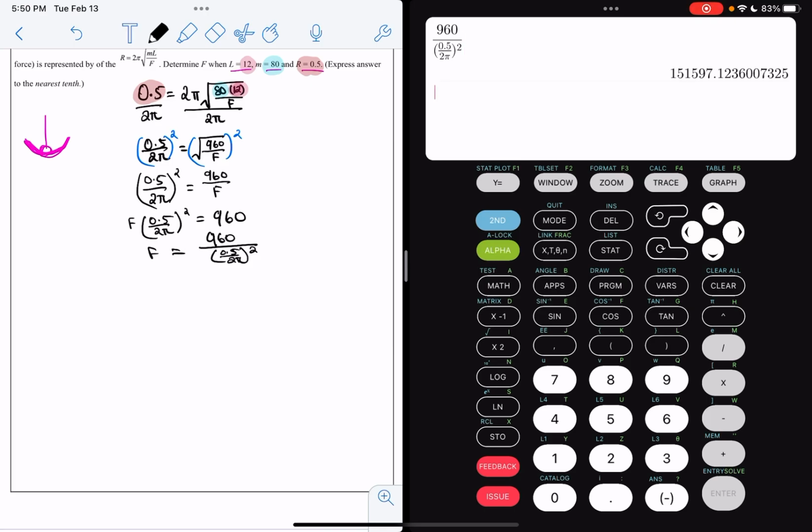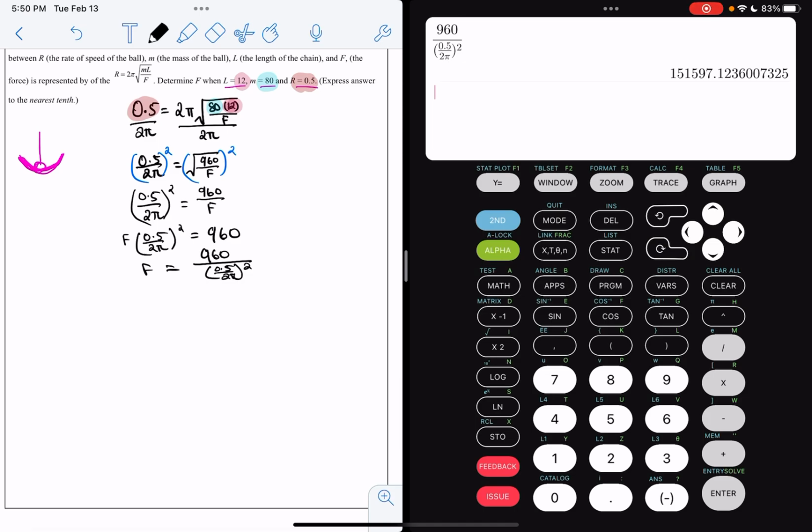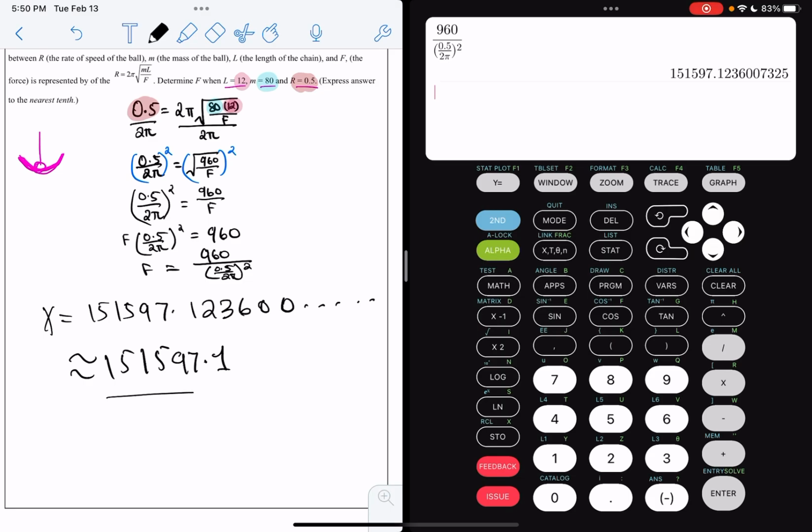Enter, which gives us this really big number, but they wanted the answer in decimal, so F is 1597.12360. We need to give it to the nearest tenth, so we just need one spot, and that is our final answer.